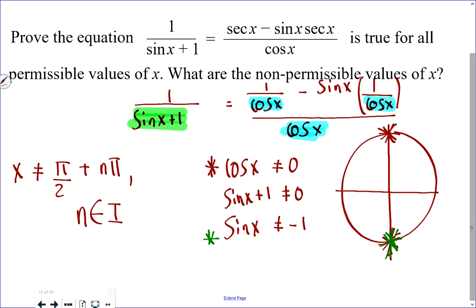All right, let's prove this beast. And, you know, in retrospect, from a teaching standpoint here, when I wrote 1 over sine of x plus 1, and then I had equals, what did I have?